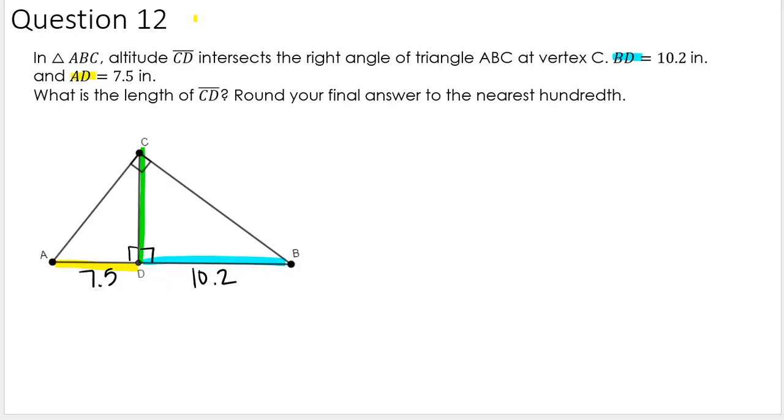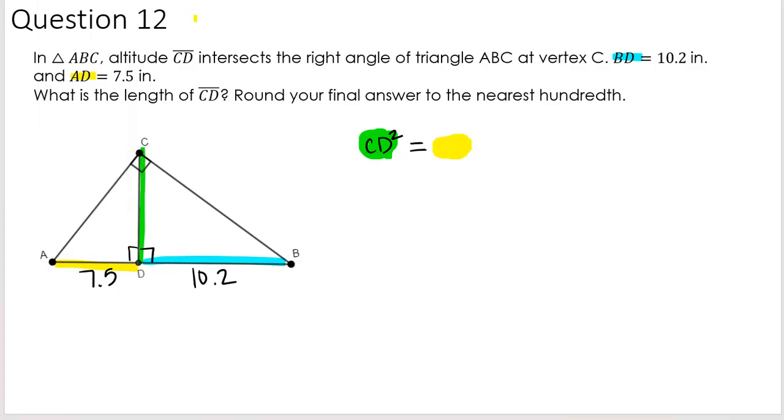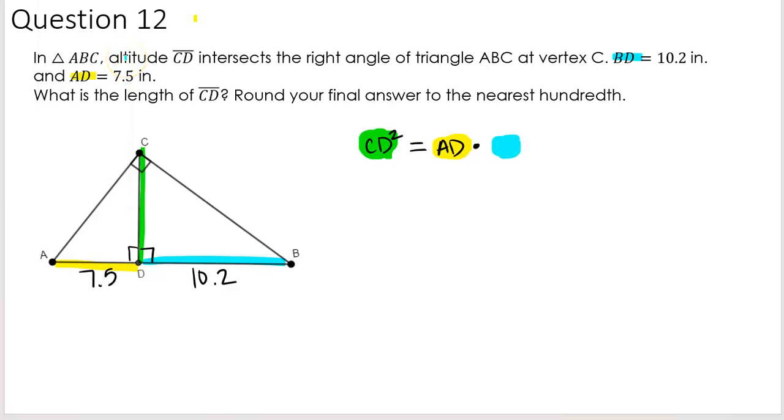So CD, okay? CD squared, there's a formula here. So CD squared is equal to this 7.5, which is the AD, okay, times the BD down there on the bottom.